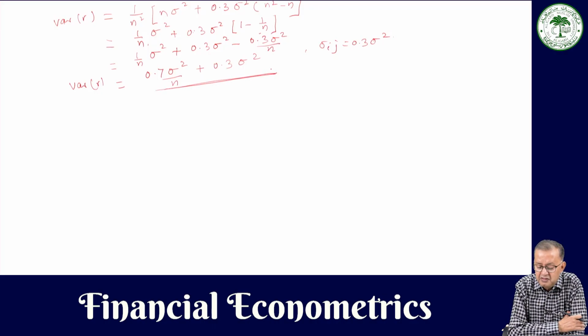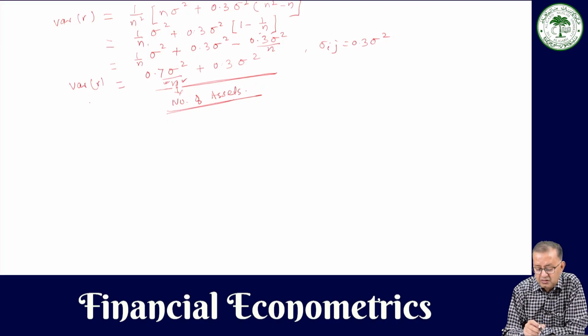If we diversify the portfolio, the variance is inversely related to n, the number of assets. It is inversely related to the number of assets, small n.